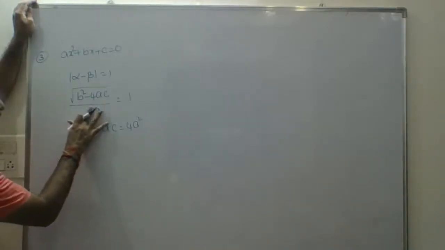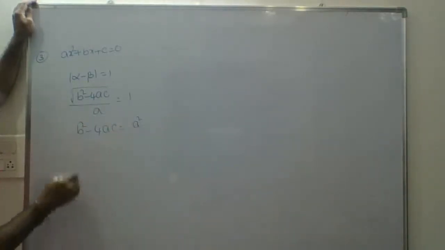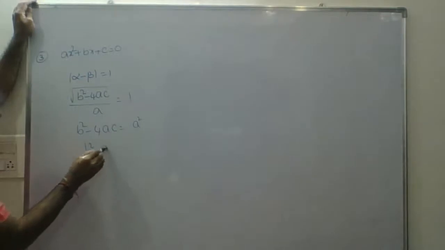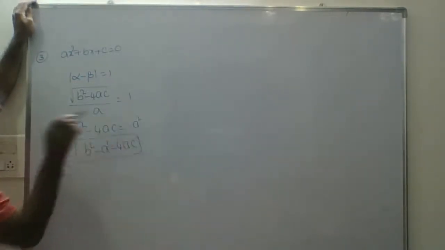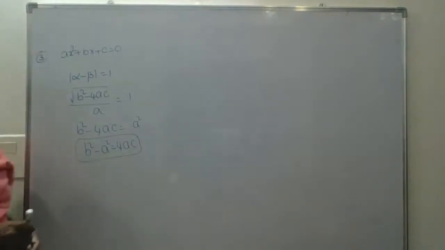The roots of the equation are consecutive means the difference of the roots is 1. The difference of the roots is root of b square minus 4ac by mod a.